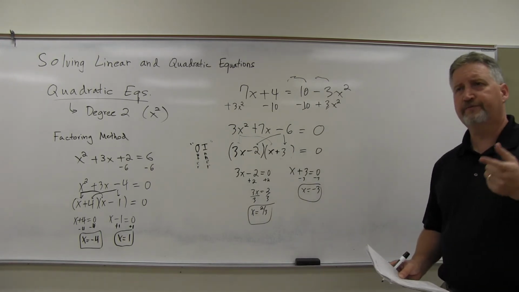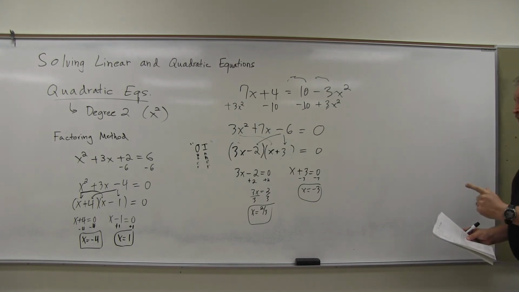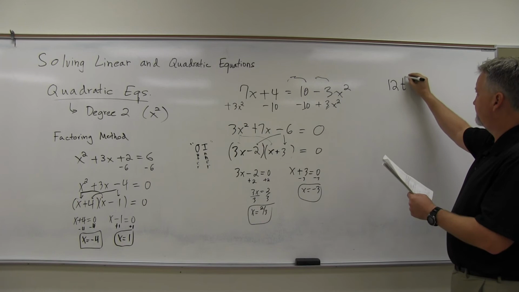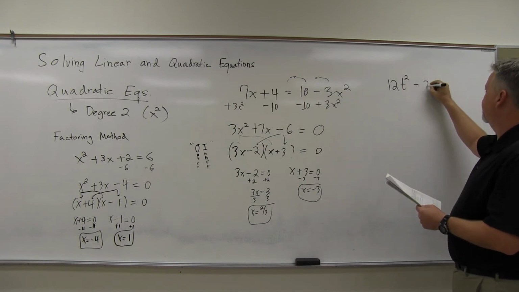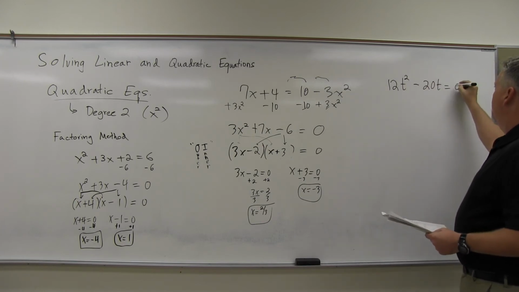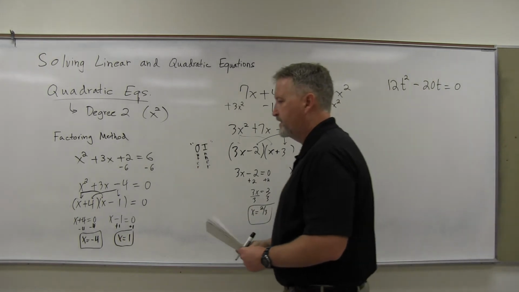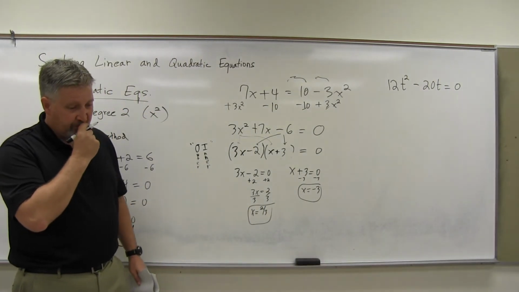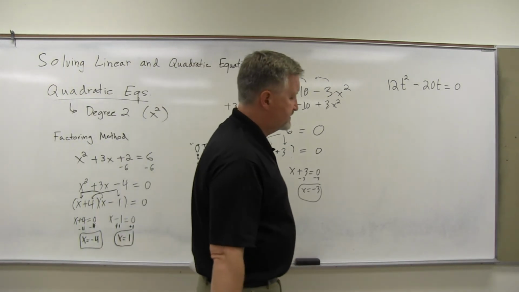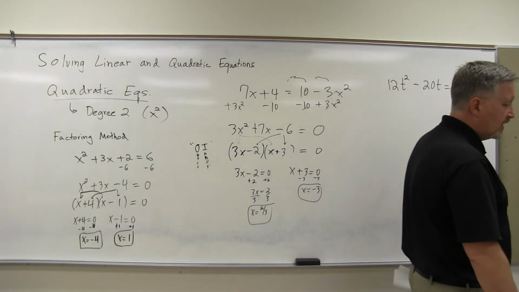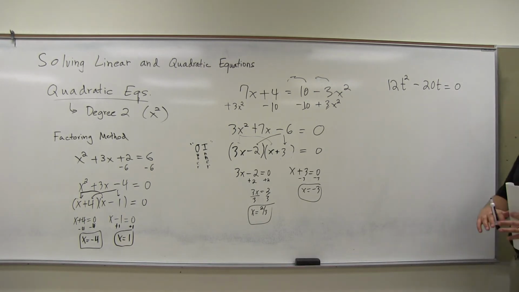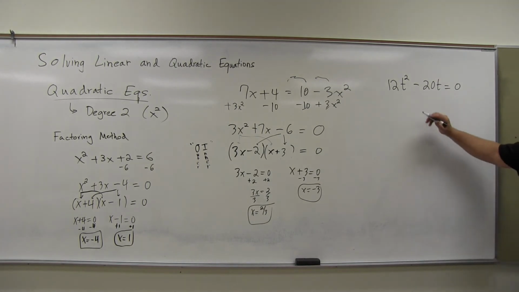This is an important one too, because a lot of times we will have what we have in the number 3 example of quadratics, and that is 12t squared minus 20t equals 0. All right, so for one thing, it has fewer terms, but that doesn't really have anything to do with it.